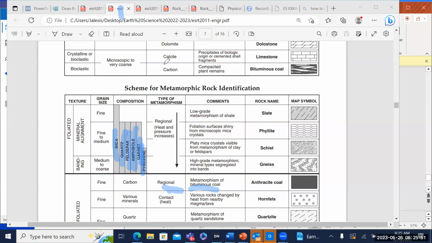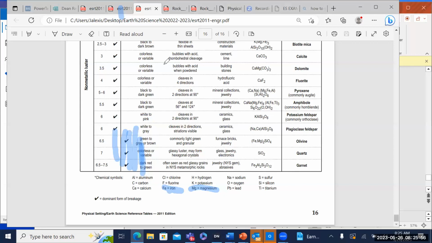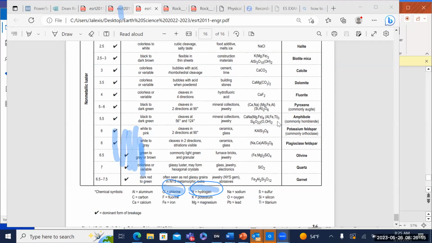Out of those 6, which one has Fe for iron and which one has Mg for magnesium? Give me 1 second, I'm just going to flip. You should be looking on page 7 of your reference tables as well right now. We're going to test out those 6 minerals.